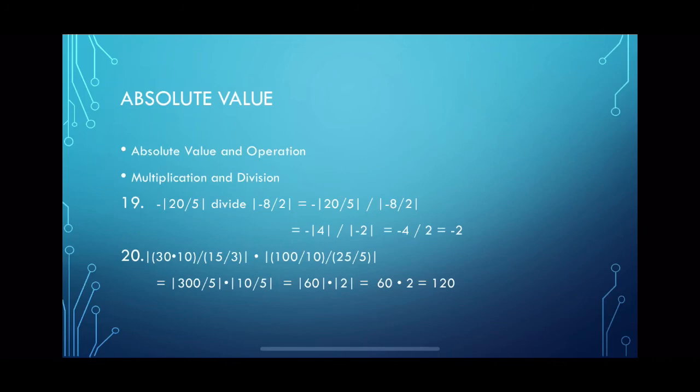And for absolute value of 10 divided by 5, we have absolute value of 2. So therefore, getting the absolute value of 60, we have 60, and the absolute value of 2, we have 2. So therefore, 60 multiplied by 2 is equal to 120.